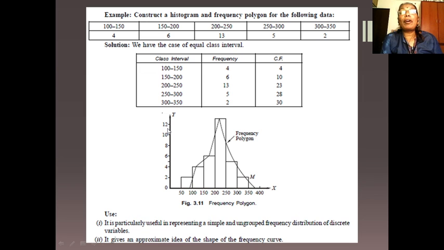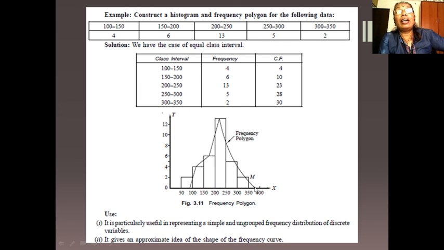On the y-axis we plot the frequency, and for the class intervals, here 100 to 150, we consider 50 to 100, 150, 200, 250, in this manner up to 400.